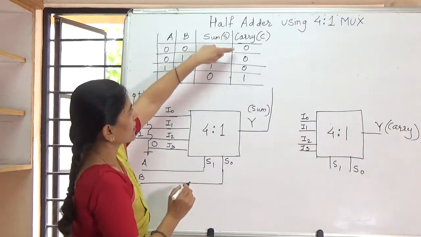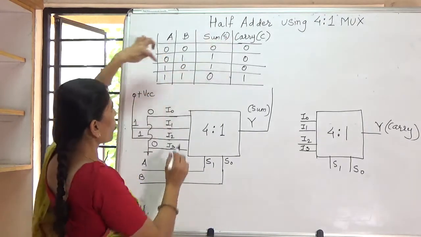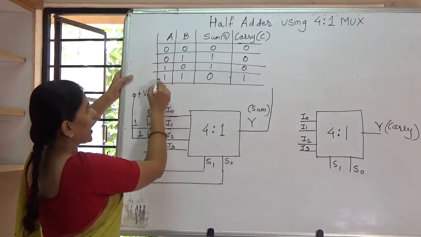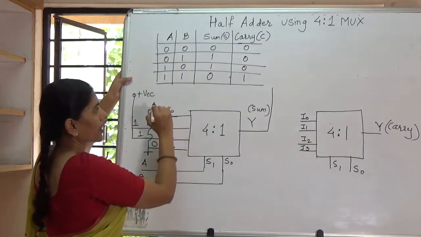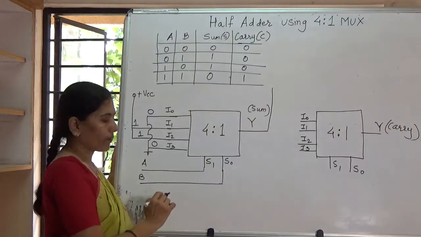Now let's look at the carry table. The carry is 1 only for the 1 1 combination. So this line is marked for I3, and whenever I3 is selected, we want the carry to be 1.